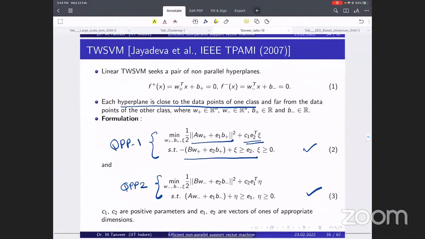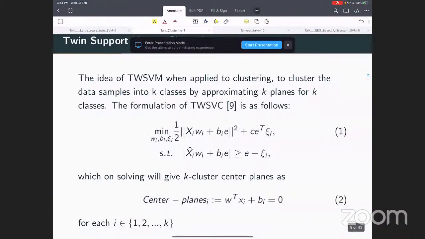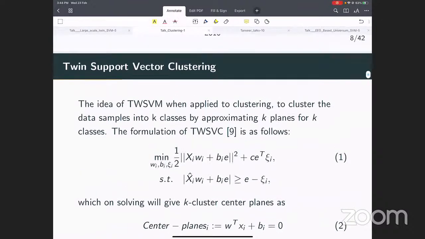Now I'm thinking about how to write the same formulation for clustering. With unlabeled data, the idea of twin SVM, when applied to clustering, is to cluster the data samples into k classes by approximating k planes for k classes. So we can write the formulation of twin SVM for the clustering problem like this.